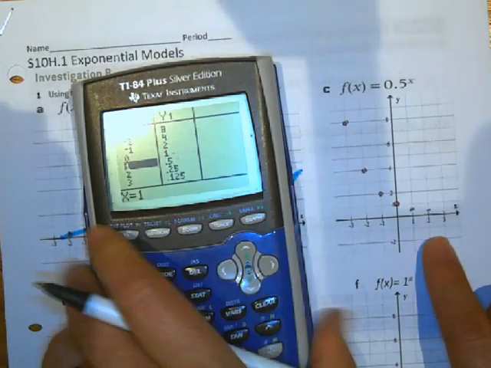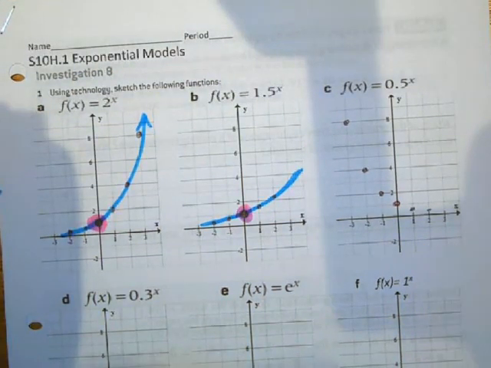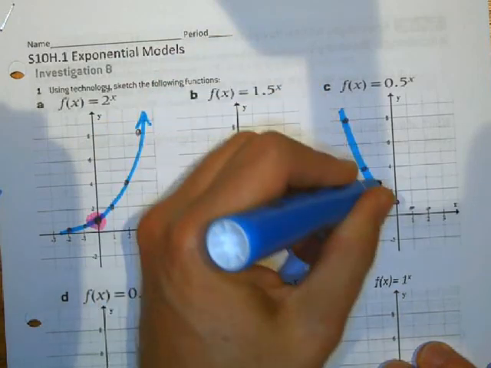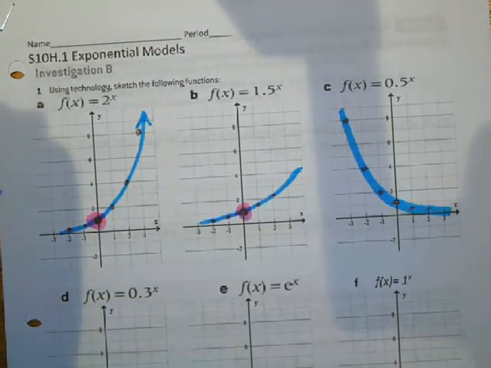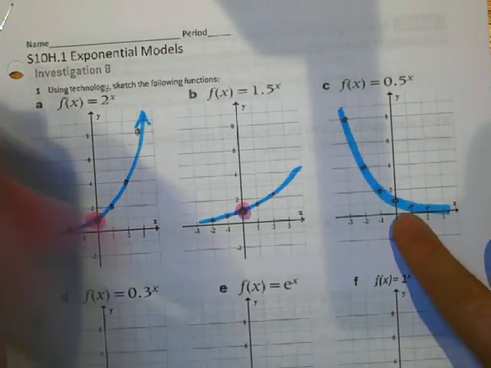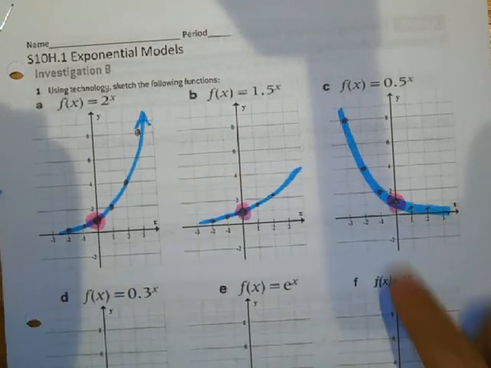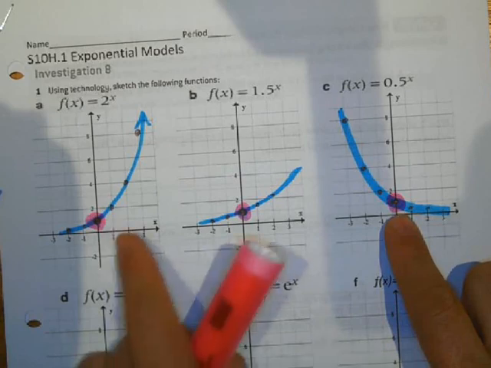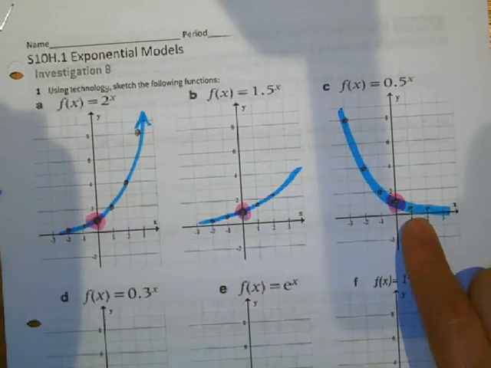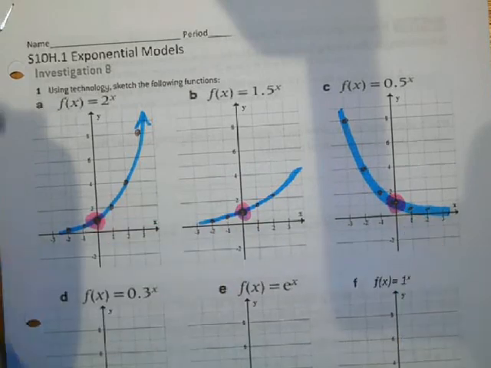And so you can see that this graph is decreasing in value. But notice here that when it crosses the y-axis, the y-intercept, it's also the same as these here. And we're going to see some characteristics that show this.